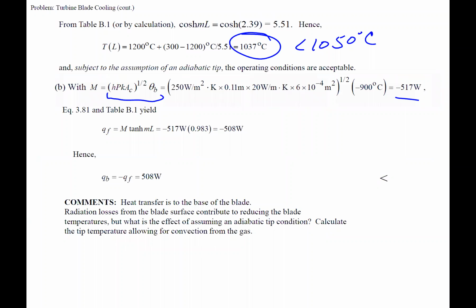We get this, plug it in with our mL and our hyperbolic tangent, and we get negative 508 watts. And it's negative because it's going into the base. Positive would be out of the base. Any questions?